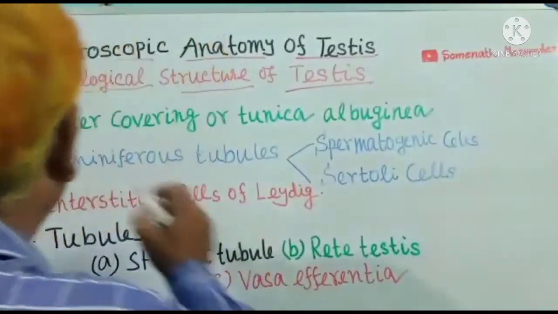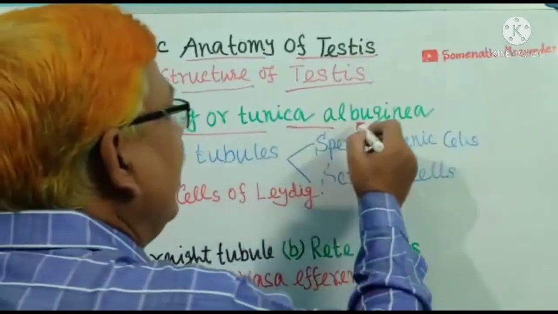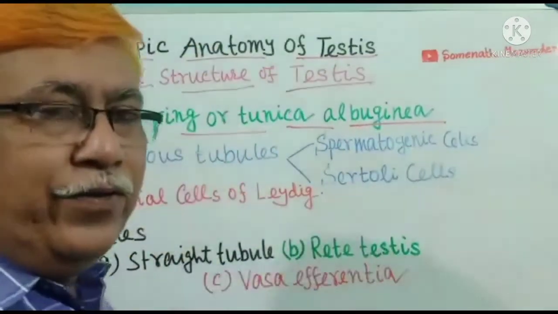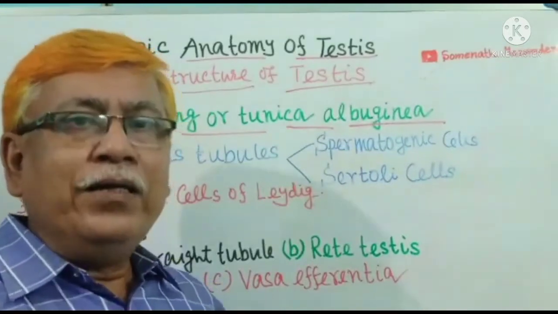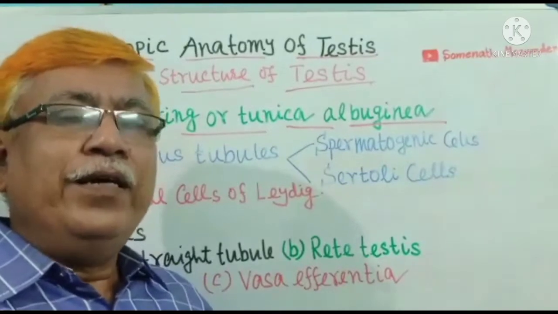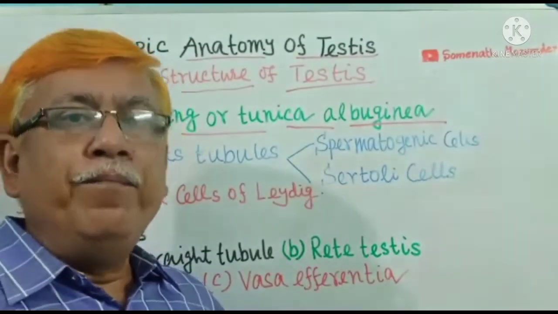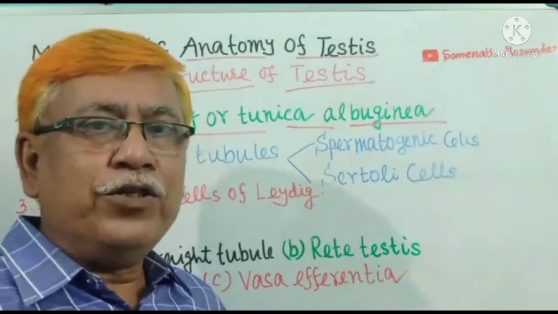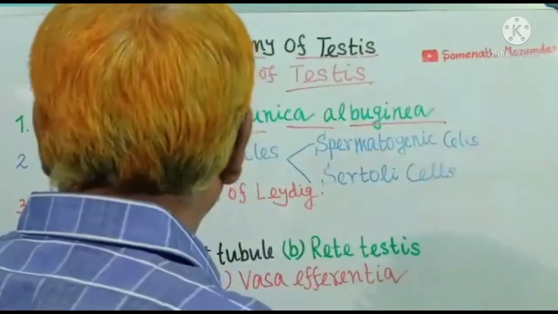Number 1, outer covering or Tunica Albuginea. The testis is externally covered by a membrane made up of white fibrous tissue, and that is called Tunica Albuginea.